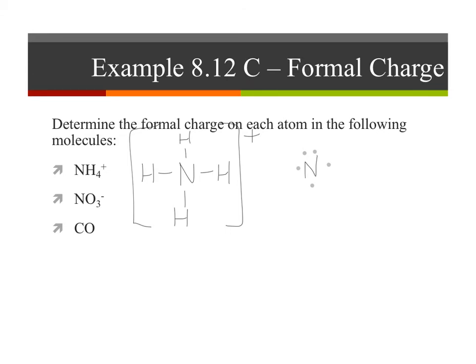It's a way to map out in the structure, we've got this positive charge here, where the electrons are distributed. If we look at that nitrogen in the structure, how many electrons is it responsible for? I'm only going to count the electrons on the nitrogen. So if I'm sharing those bonds with the hydrogens, the hydrogen has one, the nitrogen has one.